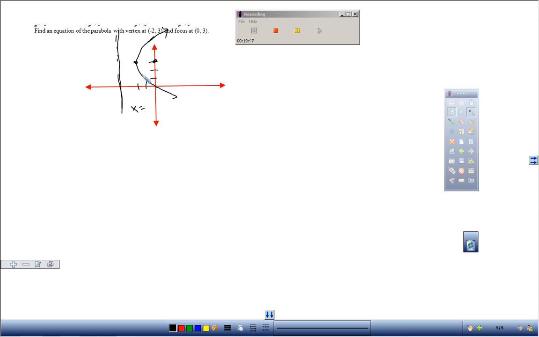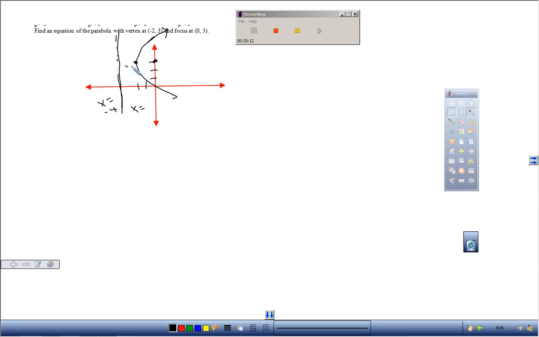Since this is at (0, 3), and this is at (-2, 3), these are 2 units apart, and so this would have to be x equals, you have to go 2 units from -2 this way, so this would be x equals -4 if you're looking for the equation of the directrix.